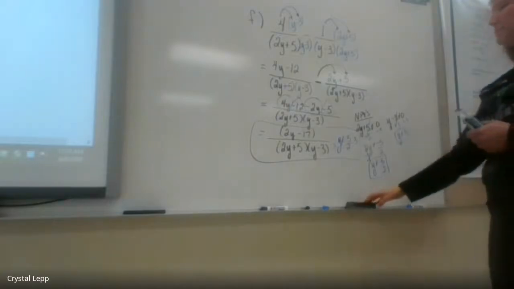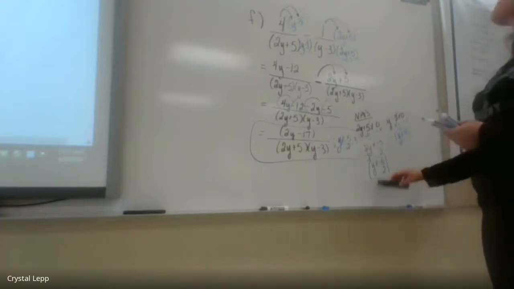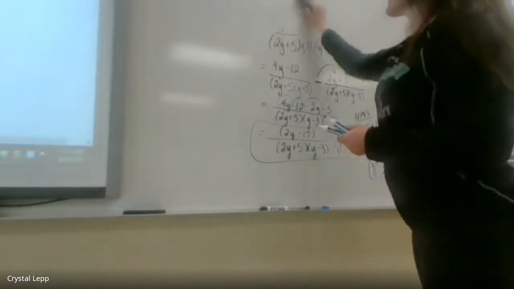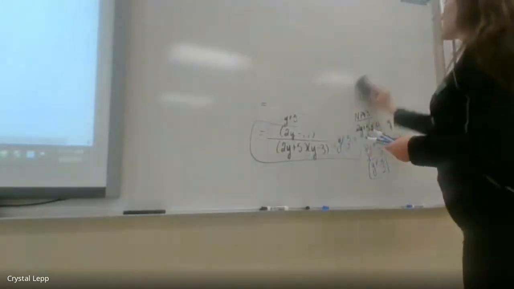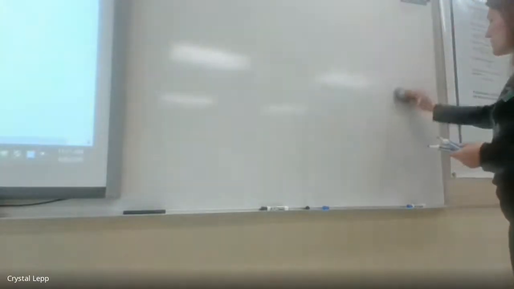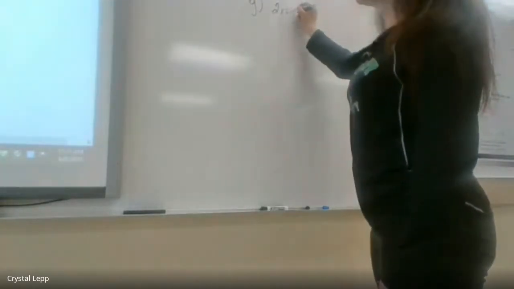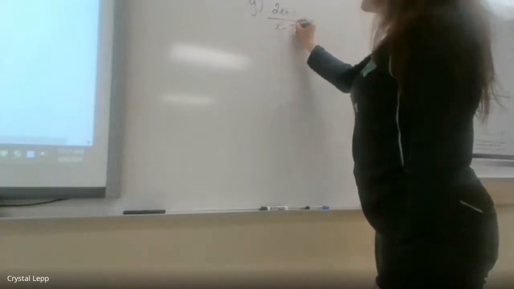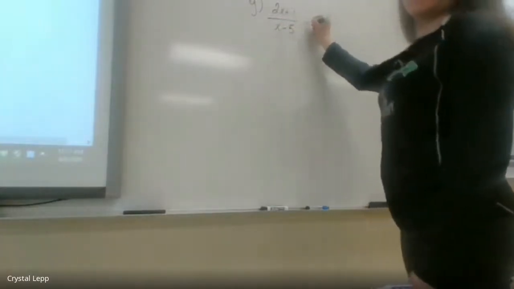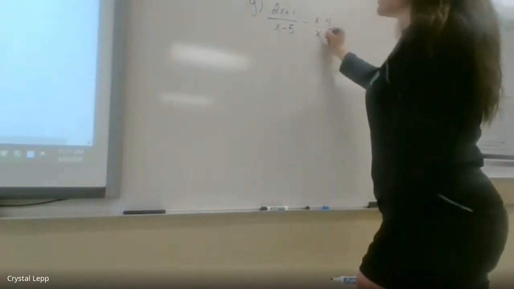So G. For G, we get 2x plus 1 over x minus 5 minus x minus 4 over x plus 1.